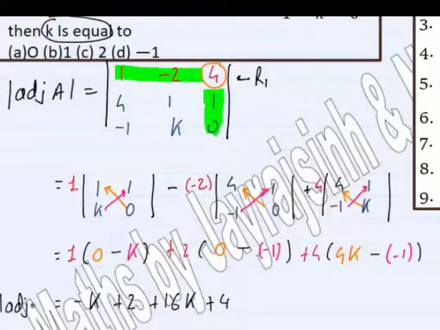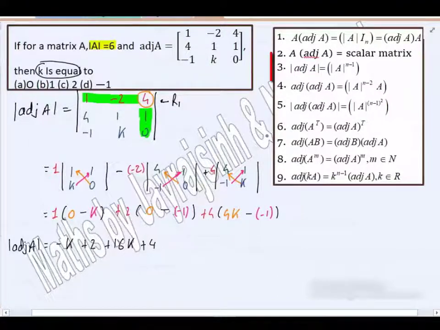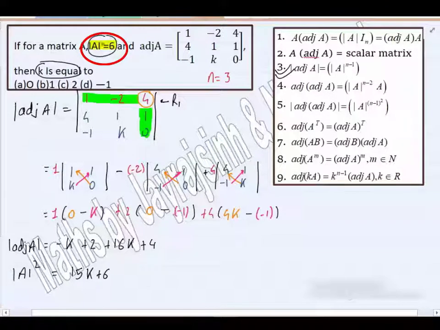determinant of adjoint of A, right? Okay. Now from the third property we can say determinant of adjoint of A is nothing but determinant of A raised to n minus 1, where n is the order of matrix. Here n is 3. So we can say determinant of adjoint of A is determinant of A the whole square, is equal to, we have 15K plus 6, and we already have the determinant of A which is 6.